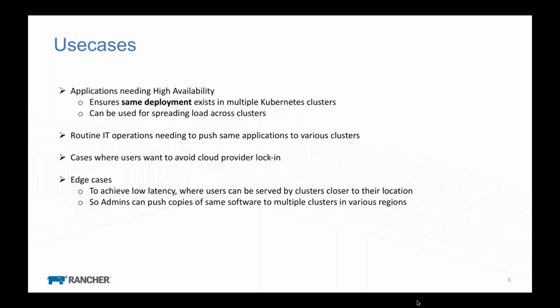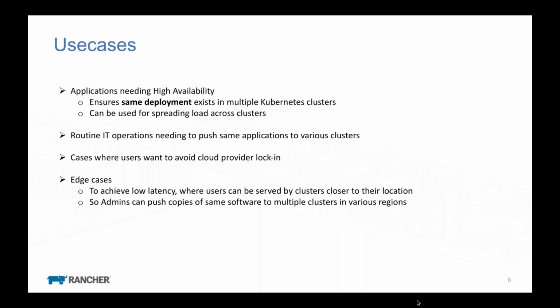Now, in cases where enterprise users want to avoid cloud provider lock-in, multi-cluster app will help, where any particular cloud provider dependency is not present. Users can choose clusters from any cloud provider and keep copies of the same application running on multiple Kubernetes clusters.